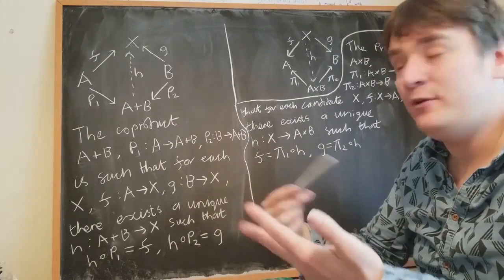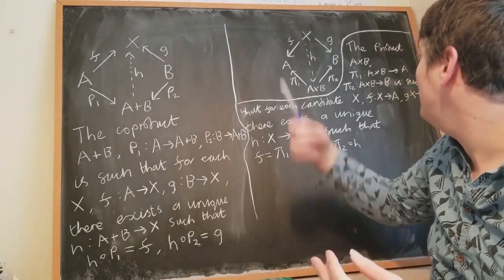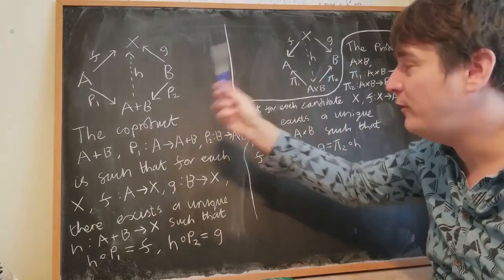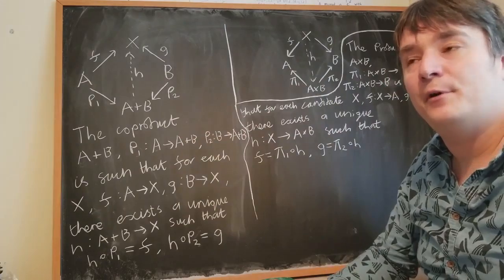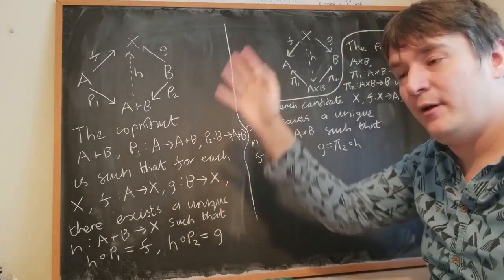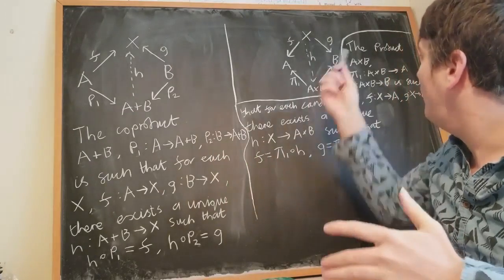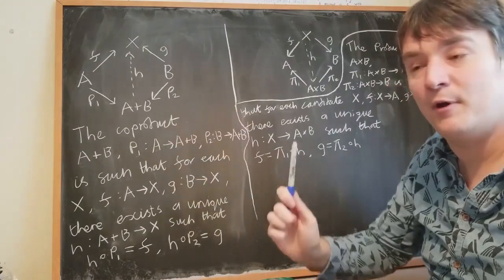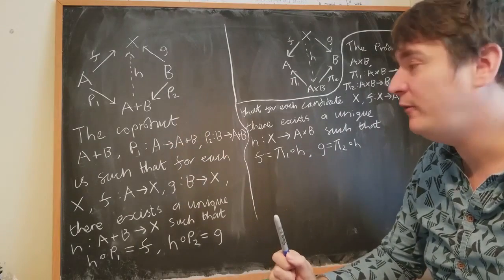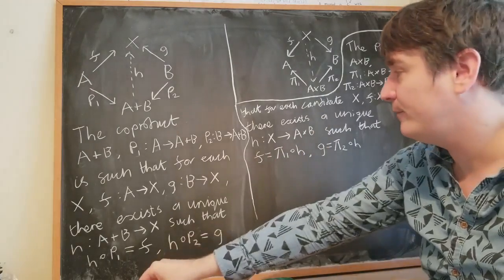But in many cases you can determine the coproduct. There are cases where you can determine the product of objects, but you can't determine the coproduct. But in the category Set, it's nice enough that not only can we determine the product of any pair of objects, we can also determine the coproduct of any pair of objects. So let's discuss how we can do that.